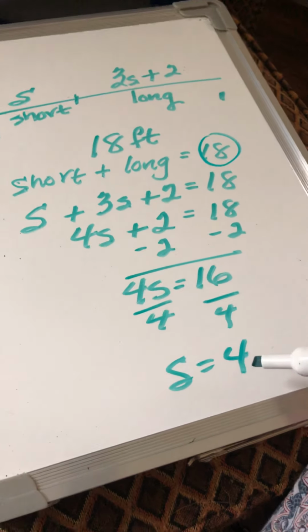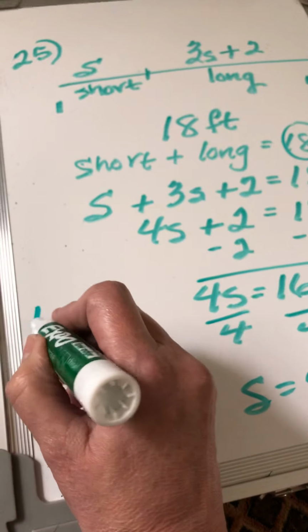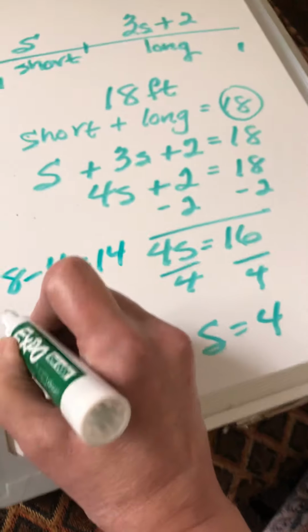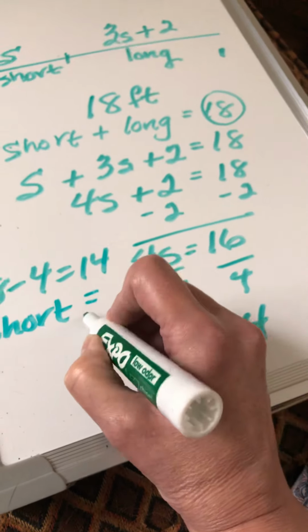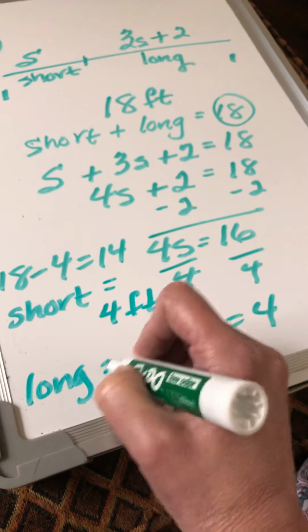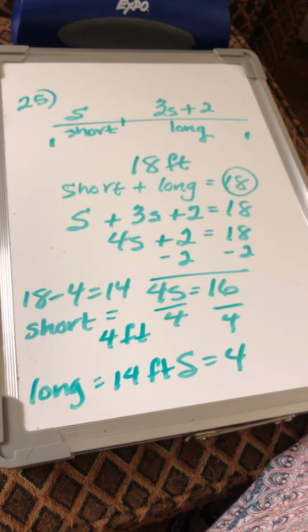So if the short piece is 4, the long piece has to be whatever 18 minus 4 is. Yep. Okay, so we find out that the short piece is 4 feet. Long piece, 14 feet.